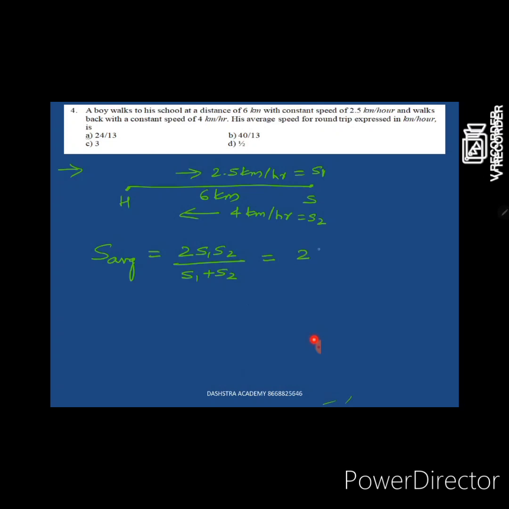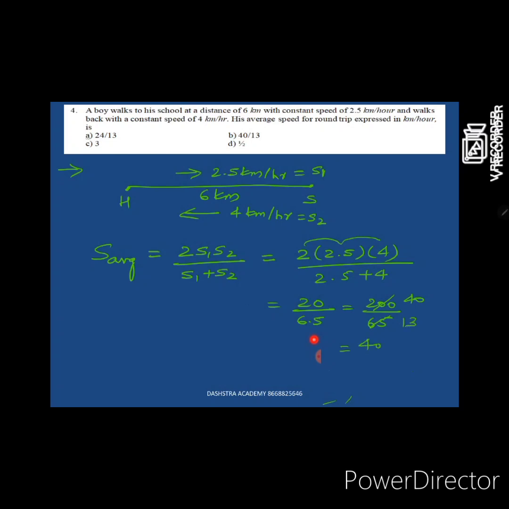So 2 times 2.5 into 4 divided by 2.5 plus 4. So this will become 2 into 2.5 will become 5, into 4 will be 20, divided by 6.5, that is 200 divided by 65, and if I cancel it by 5, this will become 40 by 13.